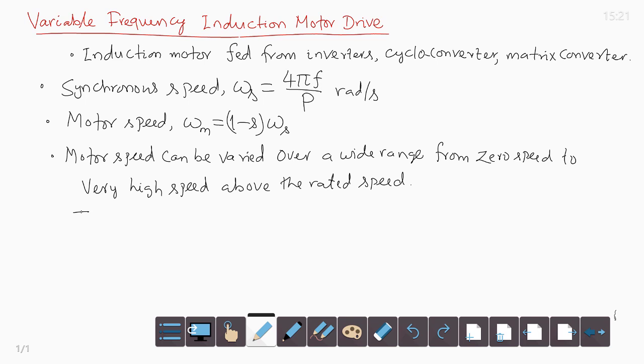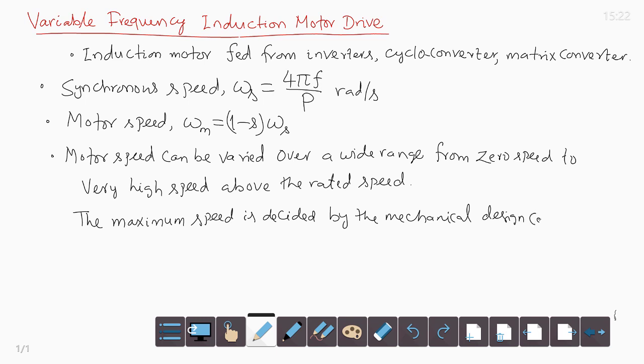The maximum speed is decided by the mechanical design constraint and construction of motor.